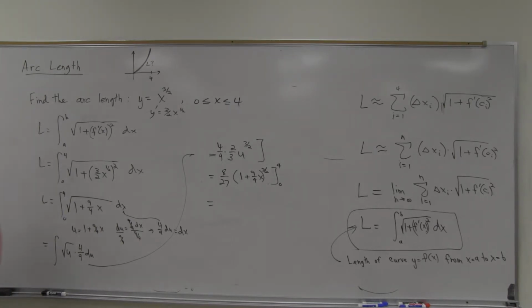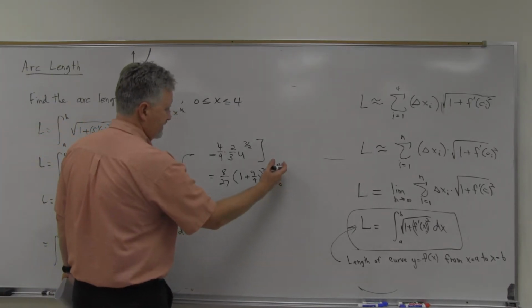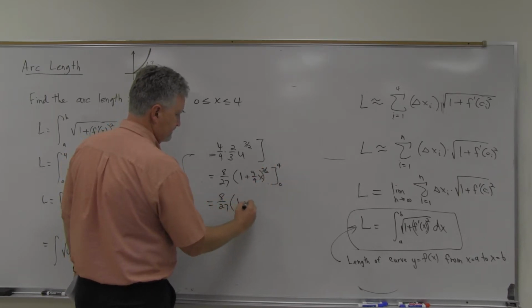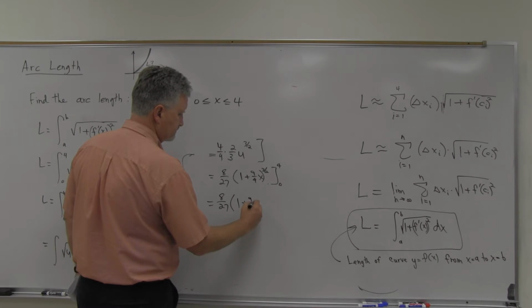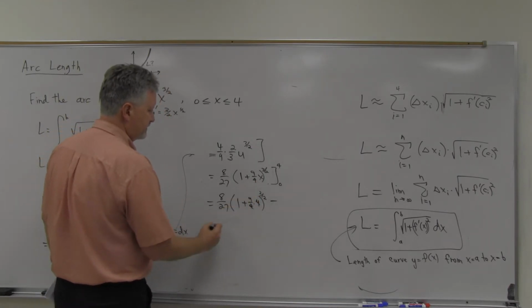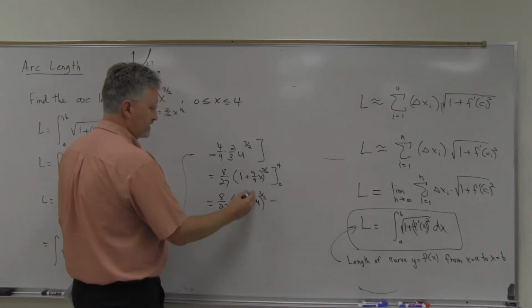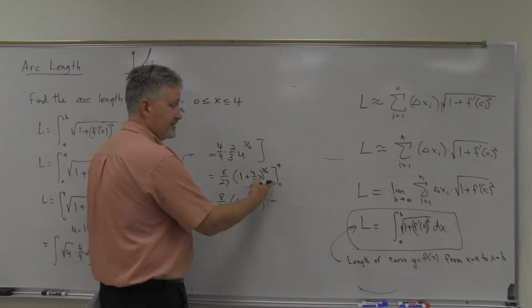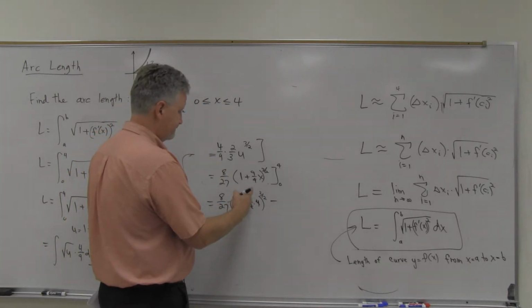Okay, so plug in our 4, I guess that's why I chose 4, because the 4's will cancel, so I'll just have 10 right there. 1 plus 9 to the 3 halves, 10 to the 3 halves. Now, don't get carried away. If I plug in 0, I don't get 0, right?